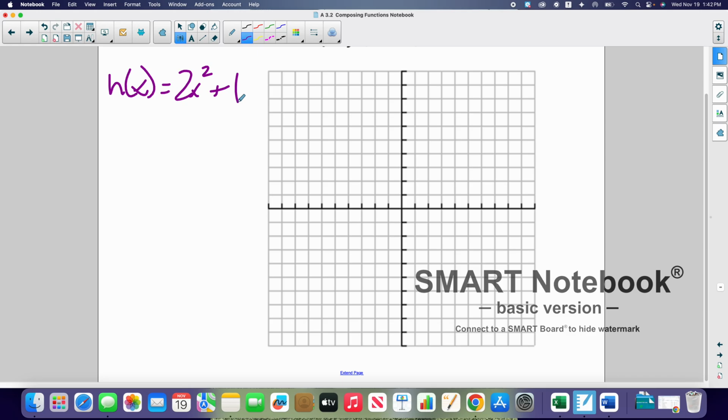We'll graph that on a third graph. List your transformations if it helps you.